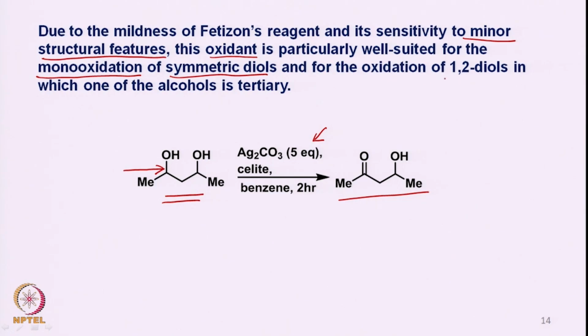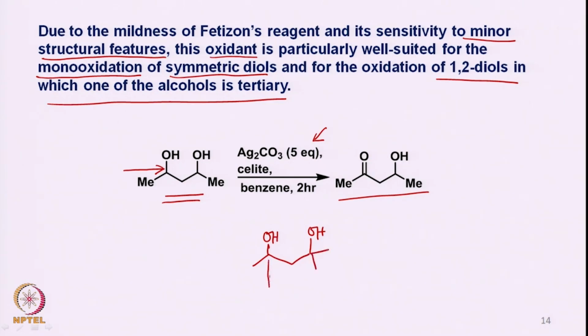At the same time, we can also take up an example where you have a hydroxy group which is secondary, and then another hydroxy group which is, for example here, tertiary. If this is a secondary hydroxy group and this is a tertiary hydroxy group, we can specifically oxidize this one and the other does not get oxidized, obviously because it is tertiary.